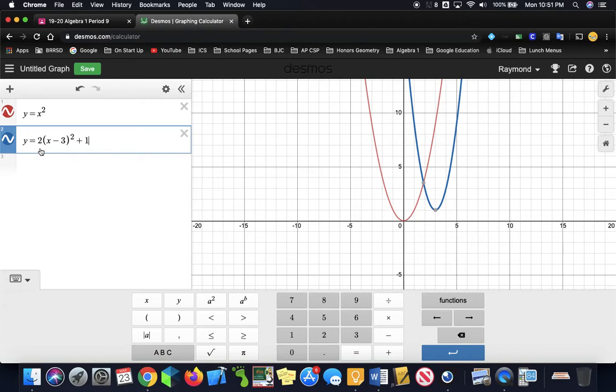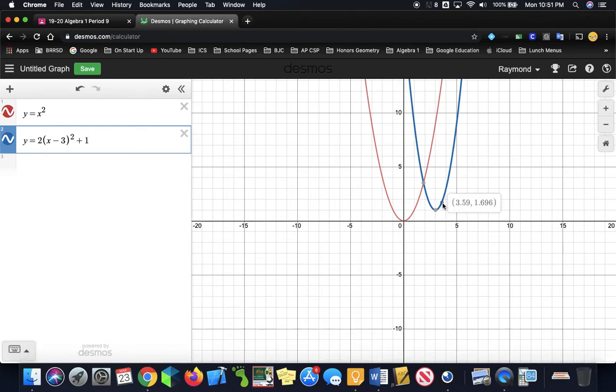It tells me that it's bigger than 1, so it's going to be stretched out more vertically. It is a positive number, so it's still going to open up, which you can see on the blue graph there. It's got a value of h, which is 3, which means the graph is 3 units to the right and 1 unit up. We can see our vertex there at (3, 1).